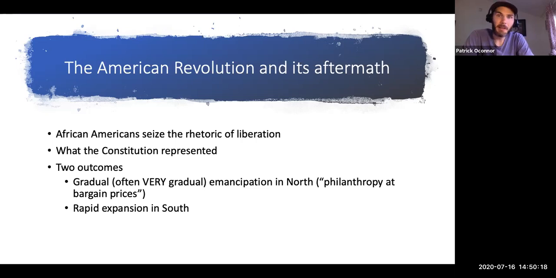Instead, the kinds of self-interest that are represented at the Constitutional Convention come down to, as so many of these issues always do, two things. The first one is profit, right? The profit of enslavers who wanted to preserve and maximize the value of their slave property.